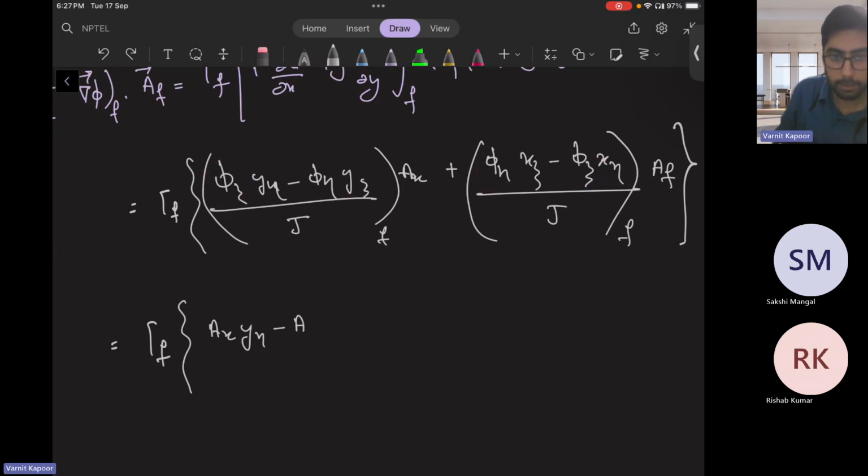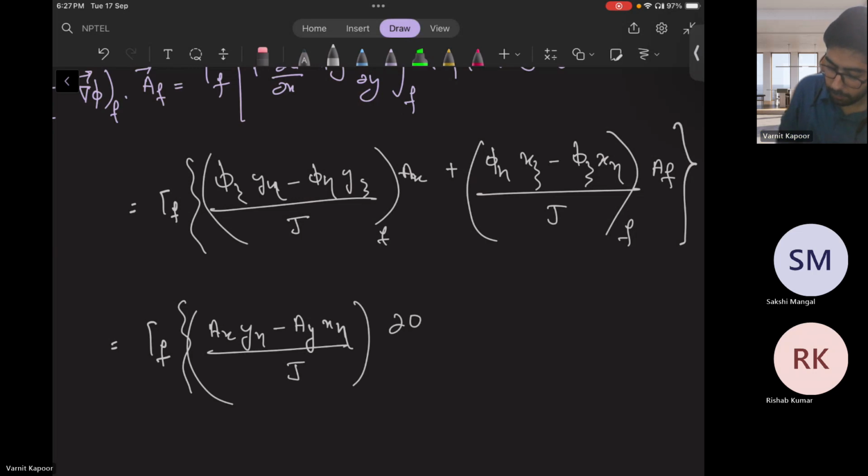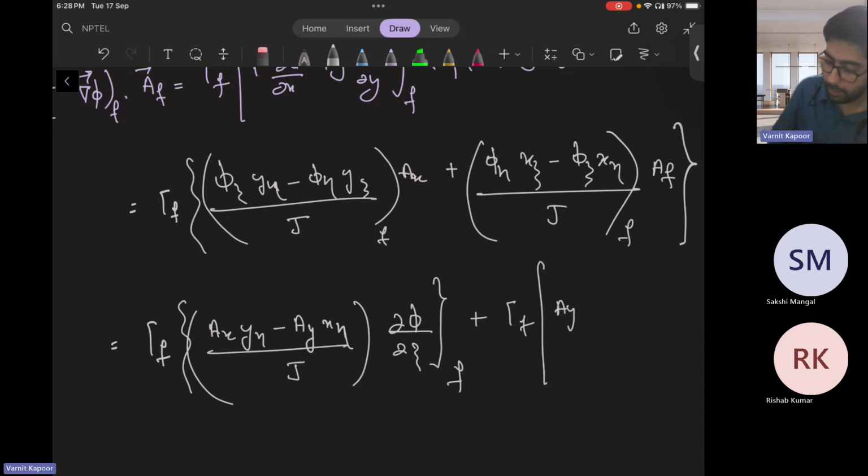AX Y eta minus AY X eta over Jacobian, that is dou phi by dou zeta, that phase, plus the sum of that phase into AY X zeta minus AX Y zeta upon Jacobian.